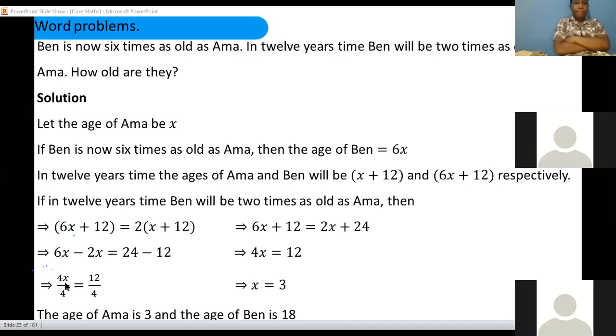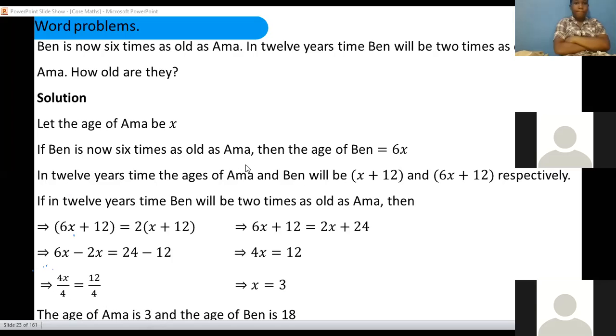Four x divided by 4 will give us x, and 12 divided by 4 will give us 3. So x is 3. And we are saying that let the age of Amma be x. So the age of Amma is 3.